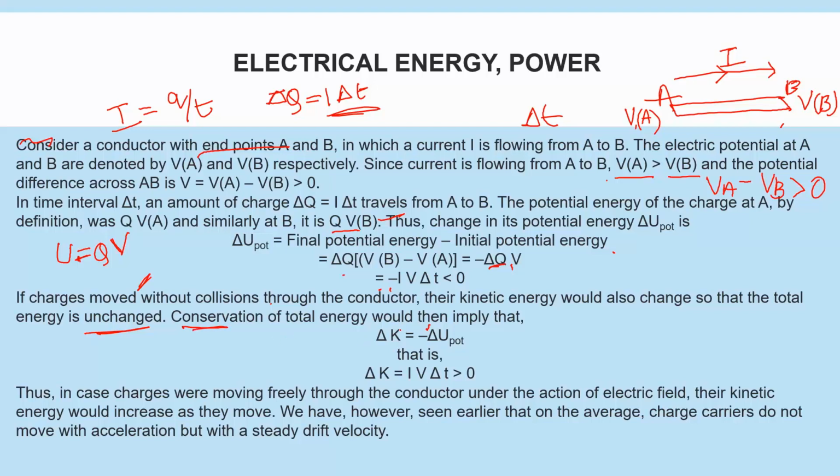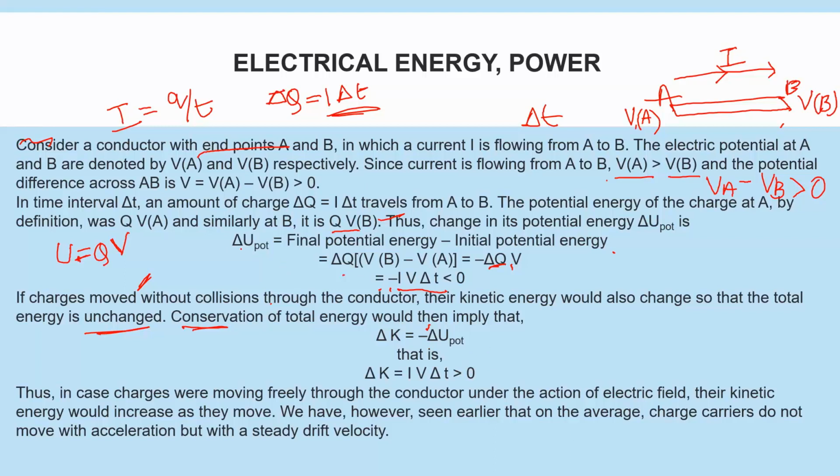So we can see that the change in the kinetic energy is going to be the negative of the change in the potential energy. Putting the same values in the del K formula, del K is equal to IV del T, that is going to be more than 0.